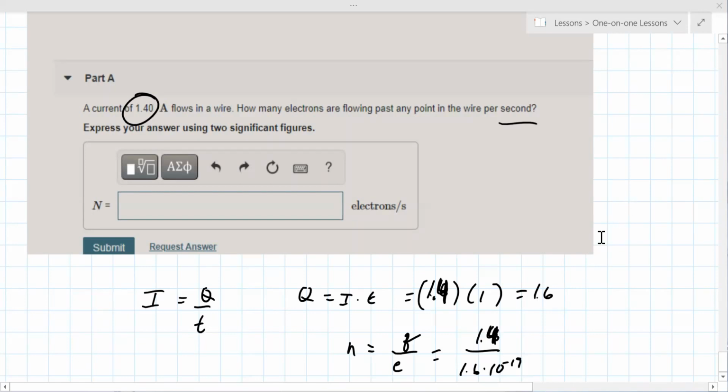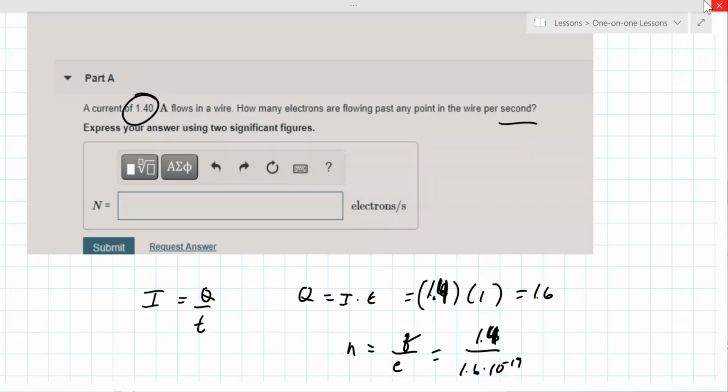And then we've got to get that value, so I have to do a little calculator work here. I don't have mine out, so let me grab my calculator. A billion other things open, but not my calculator. So it's 1.4 divided by 1.6 times 10 to the minus 19.